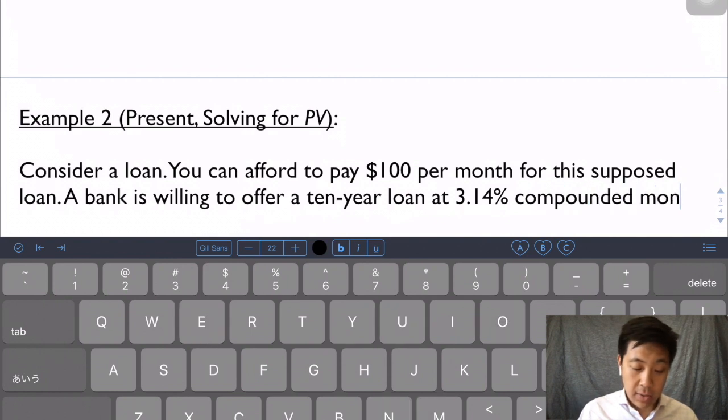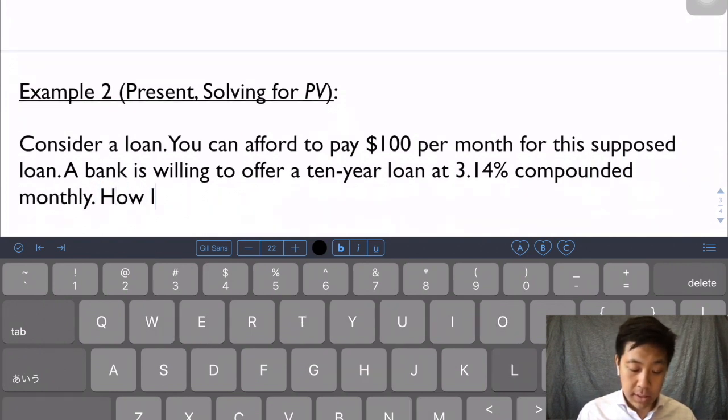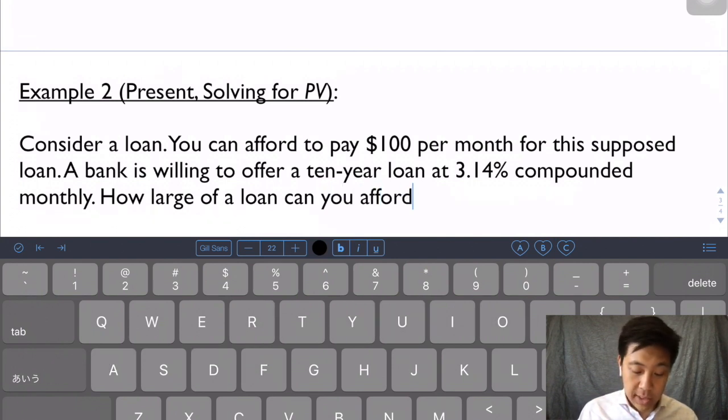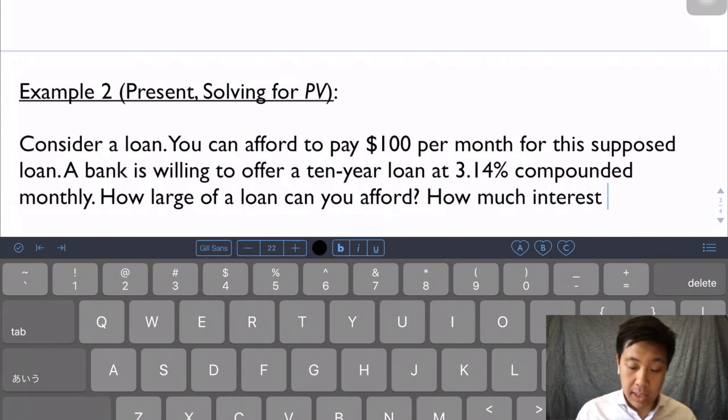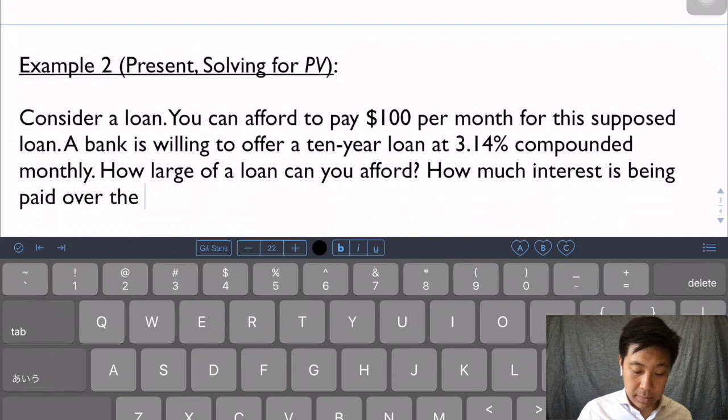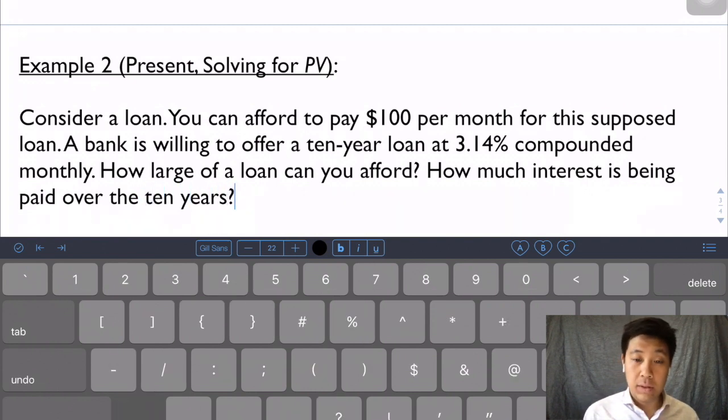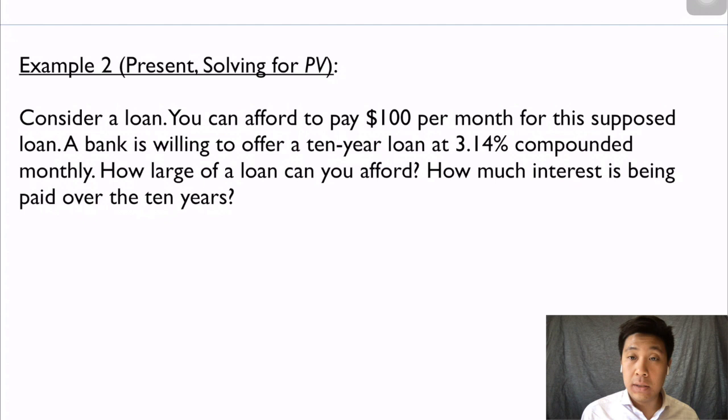The question is, how large of a loan can you afford, and then how much interest is being paid over the 10 years.